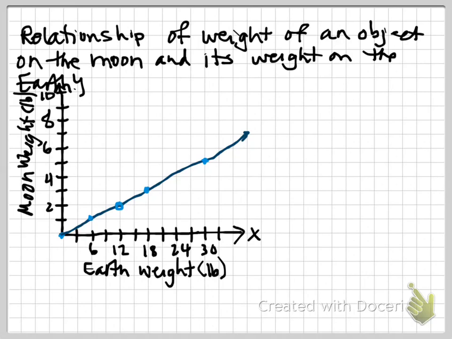Okay. So from here, let's take those ordered pairs and let's make a chart out of it. So we're going to start with the reference point we understand, which is the Earth. So we're going to call it weight on Earth.